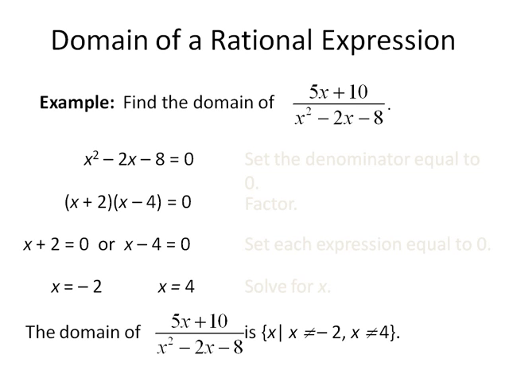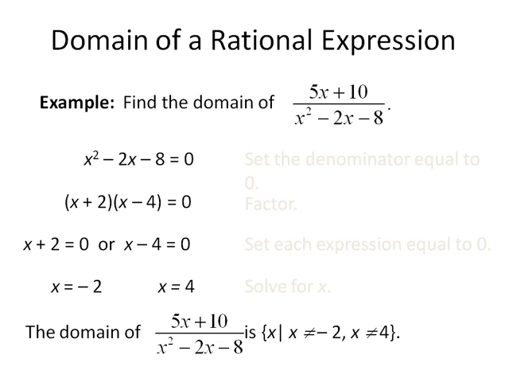How do you write it in interval notation? On the number line, the number negative 2 needs to be taken away, and the number 4 needs to be taken away.